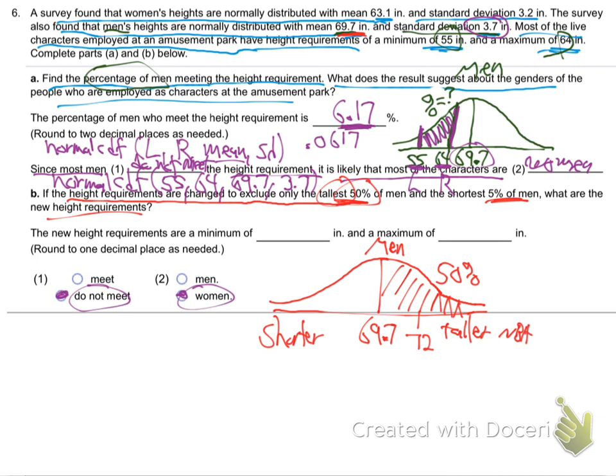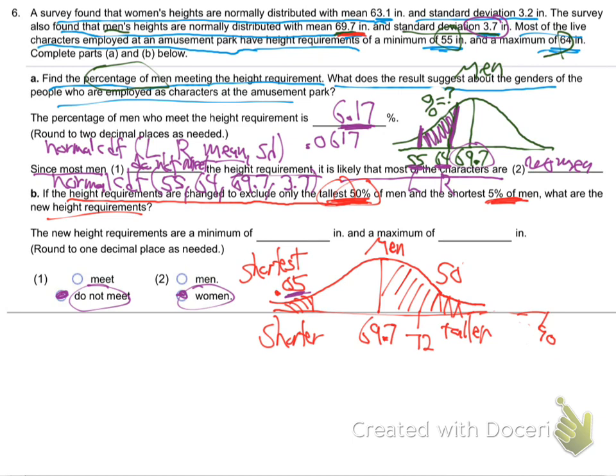Get the idea? Going to the right on a number line, the numbers get bigger, like 80, 90. They get bigger to the right, and they get smaller to the left. So the taller men are to the right. It's saying the tallest 50%, so that'd be the half of the curve to the right. And the shortest 5%, so that would be down here, the bottom shortest 5%. So they're giving me the percentages right there. And here, I'll make this a decimal.